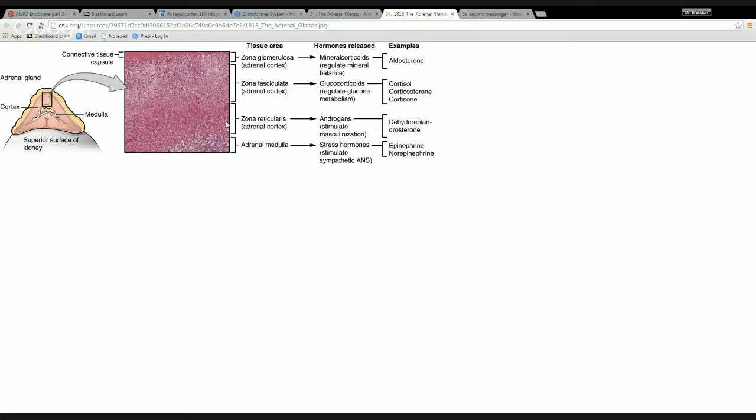The darker part here is the zona reticularis, which is responsible for releasing, and different sources will use different names, in keeping with what I've already told you, mineralocorticoids, glucocorticoids, we can call those gonadocorticoids. Gonado referring to the reproductive glands. Other sources will just call them sex hormones, and in the book here they refer to them as androgens. Okay.